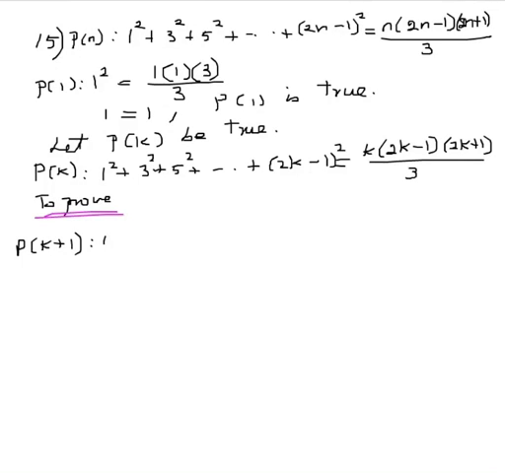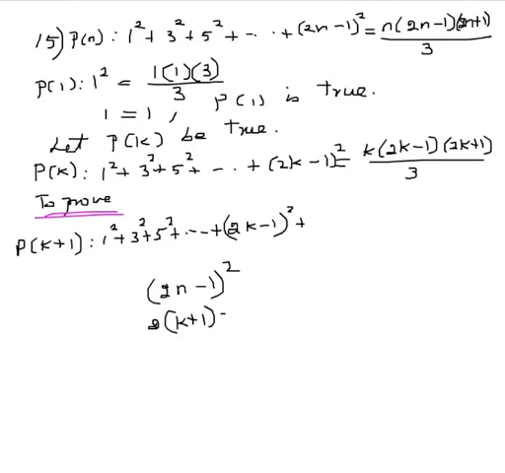And the result is 1 square plus 3 square plus 5 square, and kth term is (2k minus 1) the whole square. And see the nth term, this is the nth term. Now substitute n as k plus 1 to find k plus 1th term, which is 2k, this is 2 minus 1, 2 minus 1 is plus 1 and the whole square.